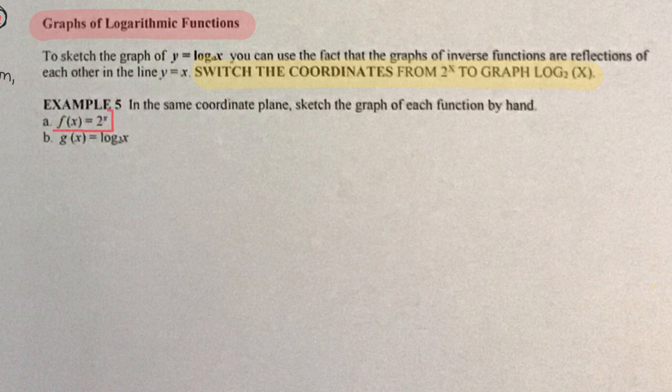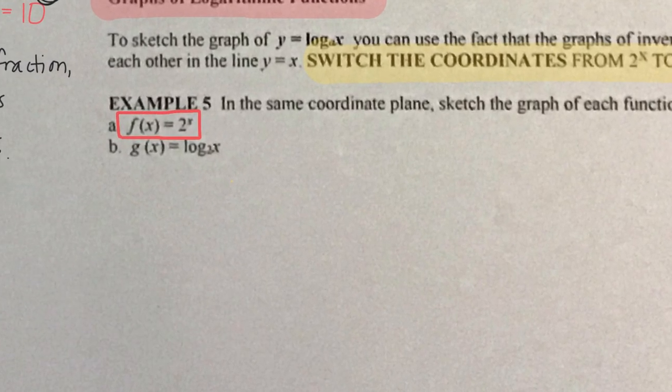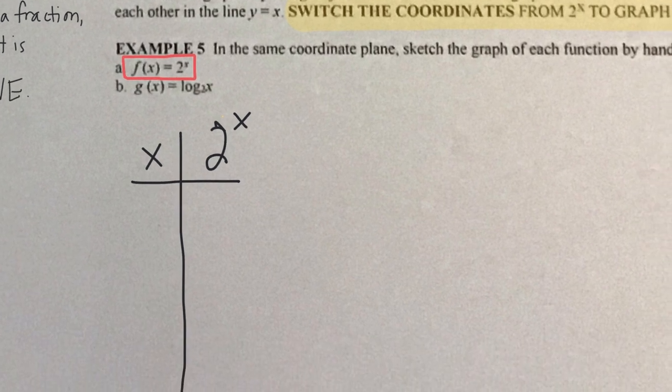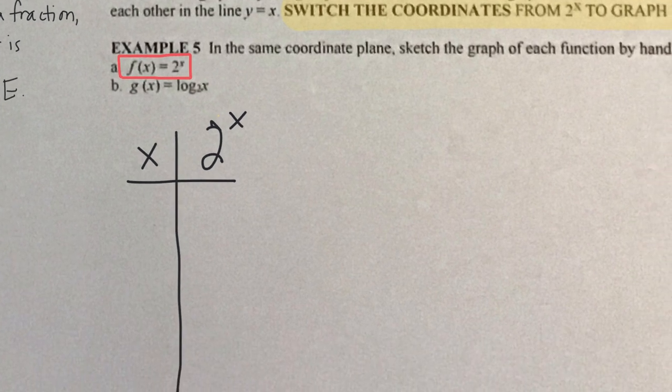Parent exponential, y equals 2 to the x. So hopefully you remember that for every x value, we're going to do 2 to the x value. All we're doing is replacing x. So we have negative 2. If you plug negative 2 into your equation, we get 1/4.